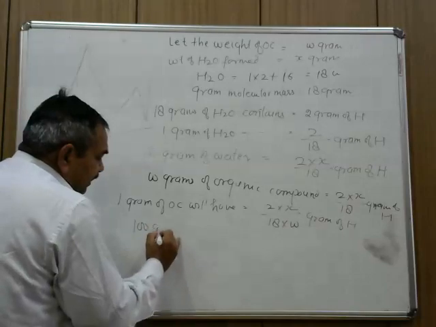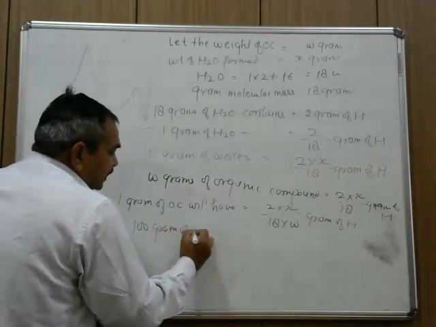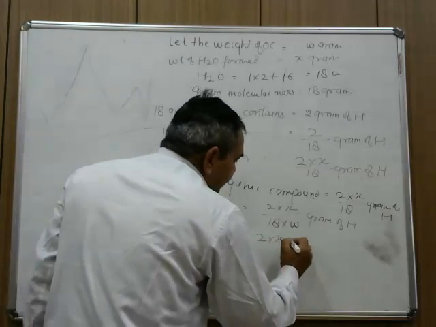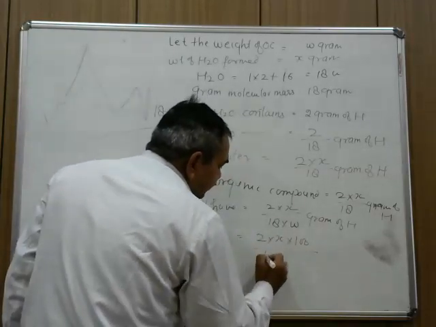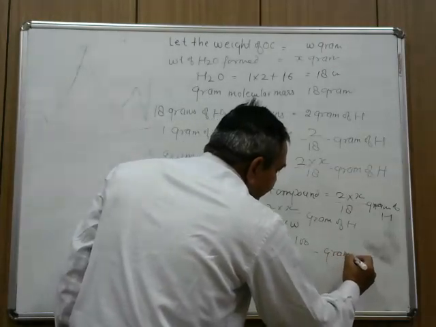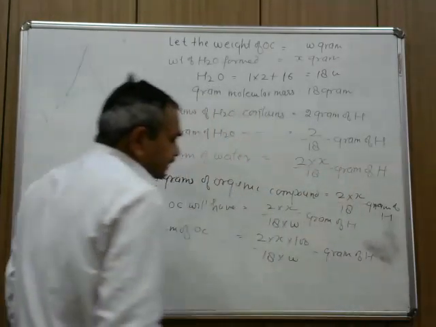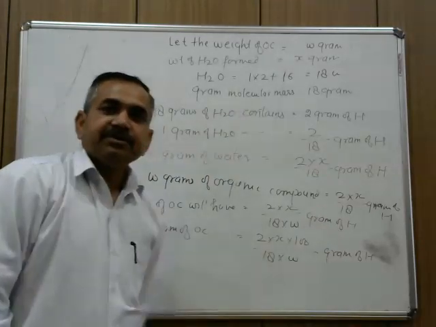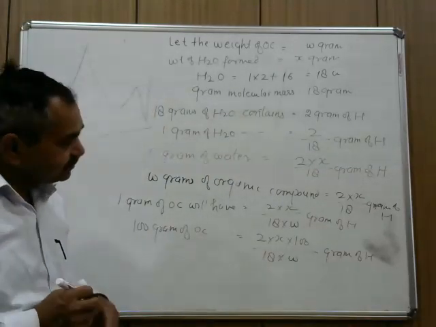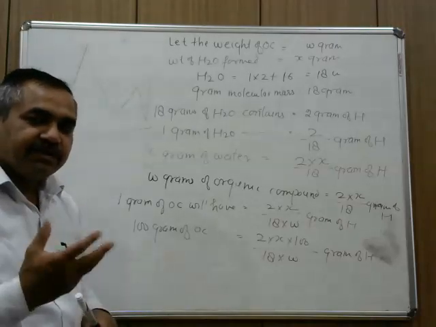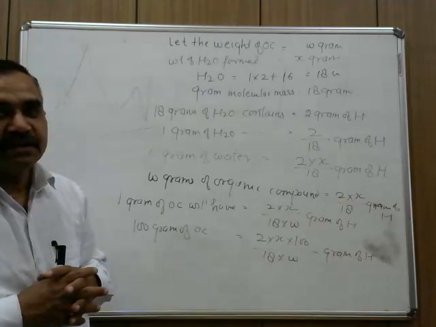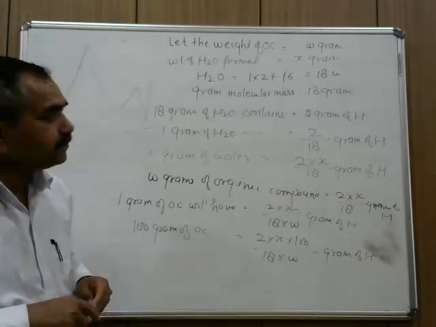Hence 100 gram of organic compound will have 2 into X into 100 upon 18 into W gram of hydrogen, and the amount of hydrogen which is present in this 100 grams of organic compound will be actually the percentage of hydrogen in given organic compound.